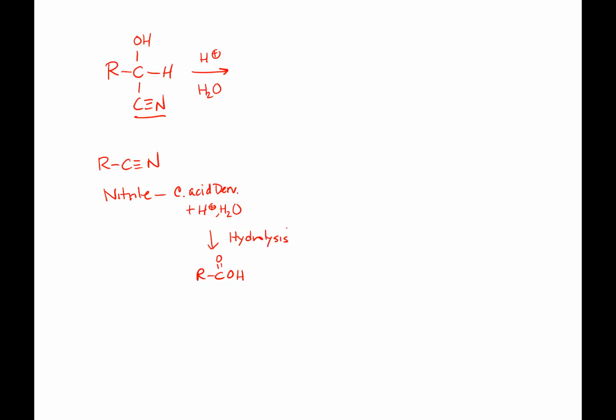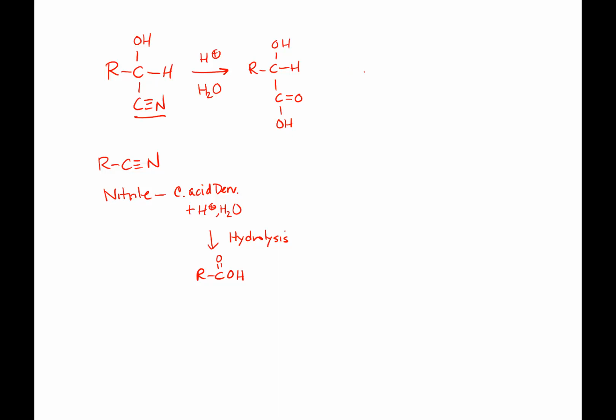So we hydrolyze the nitrile group or the cyano group, either one. And what we would end up doing is converting that nitrile group into a carboxylic acid. We'll talk about the mechanism of this when we get to carboxylic acid derivatives in chapter 24.